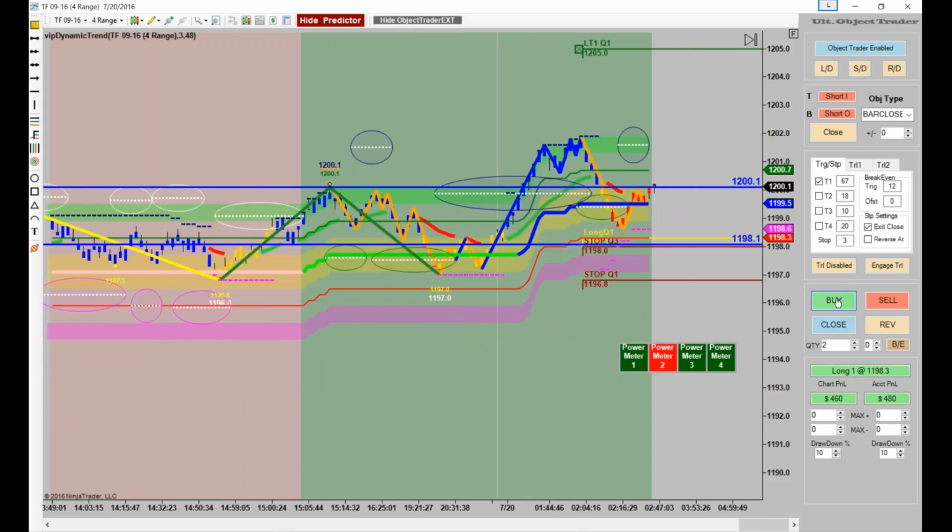So let's just go ahead and add a couple of more, and see if we can get some more movement on it. That's 3 in total, okay?